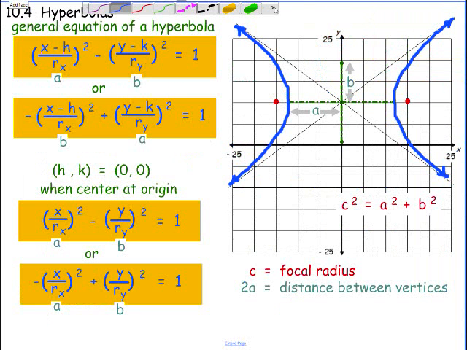Here's the general equation. Woo! It looks terrible, doesn't it? I use A here, and I think your book does too, for the transverse axis. The R sub x is something you may see in your next course.